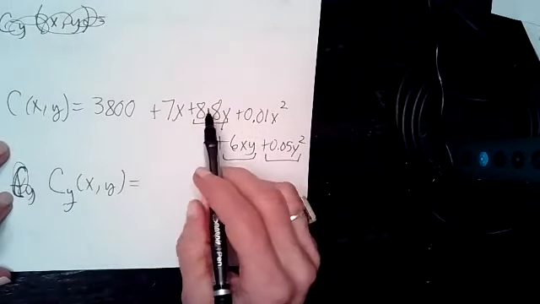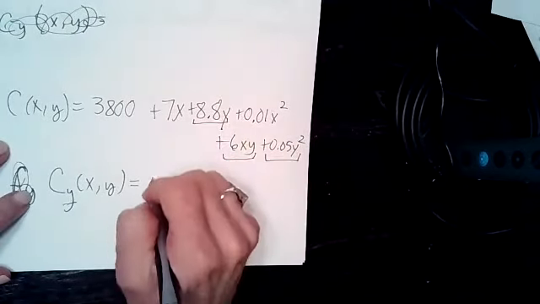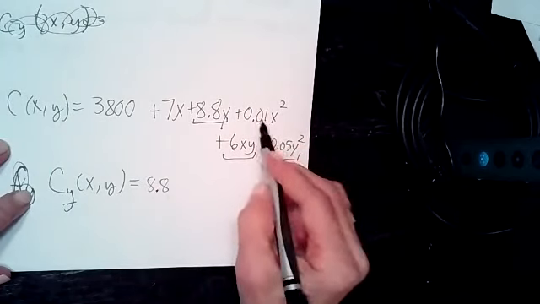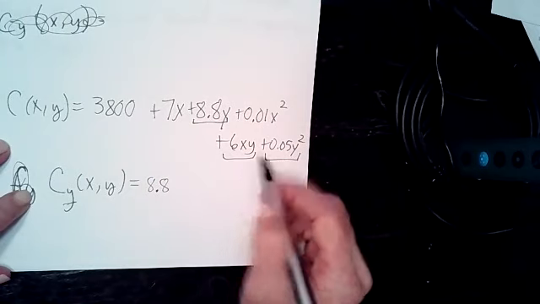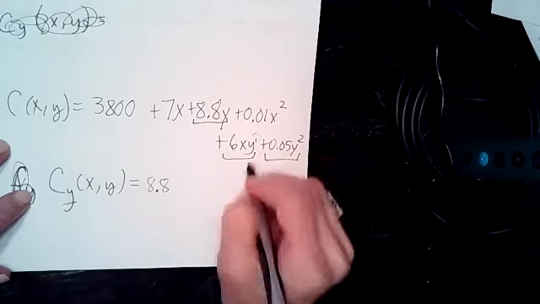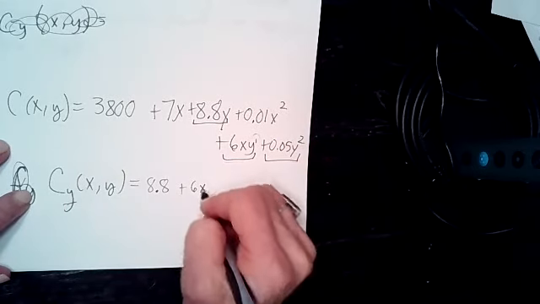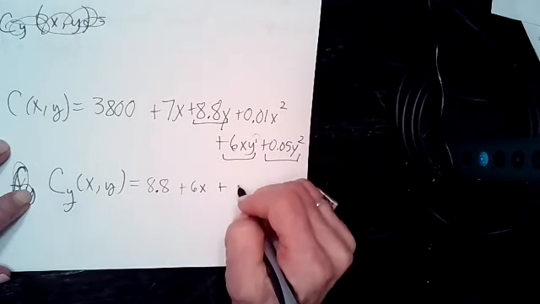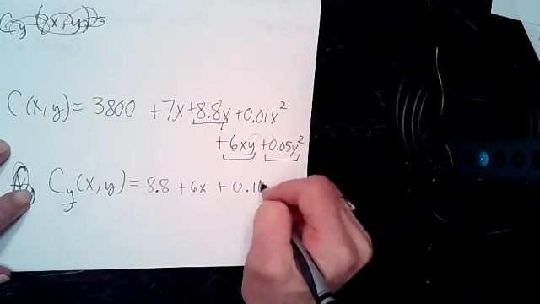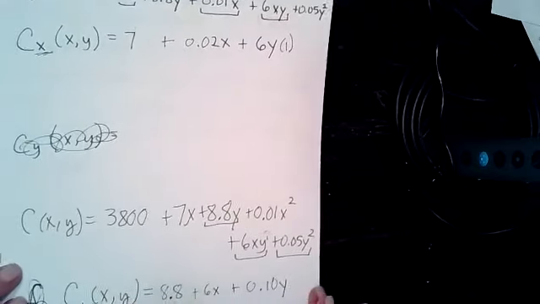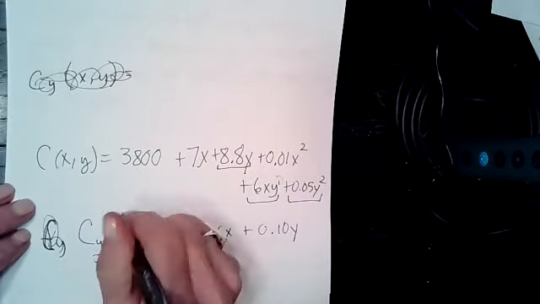So I'm just taking the derivative of 8.8y, which is 8.8. And the derivative of my x term is 0 plus 6xy. The derivative of y is the constant in front plus the derivative of a y term with respect to y is just normal, 0.10y. Okay, so those are my derivatives.